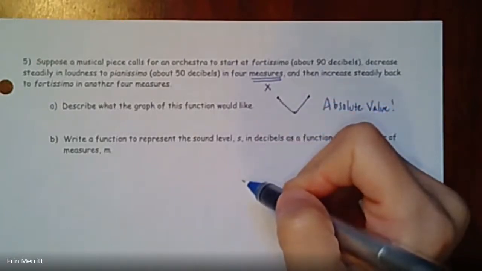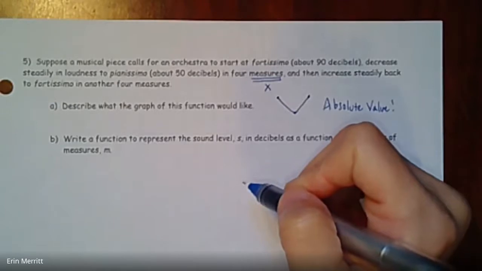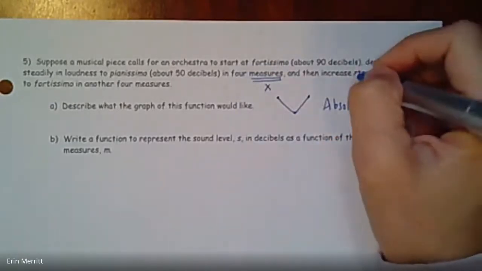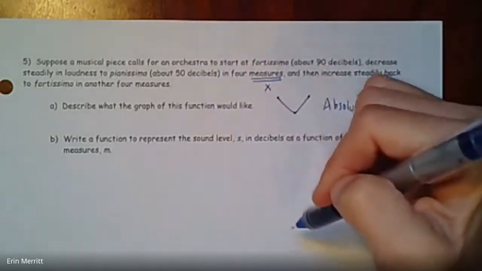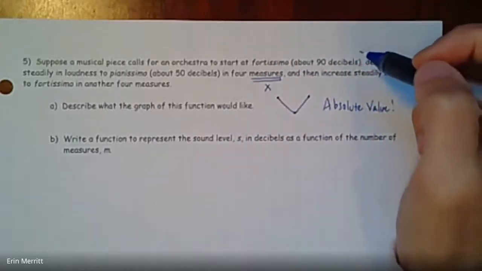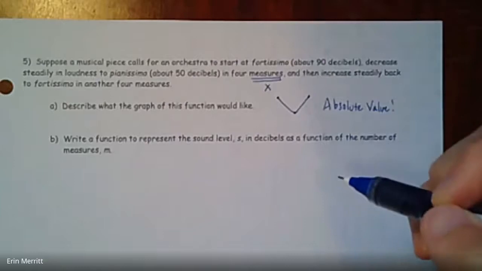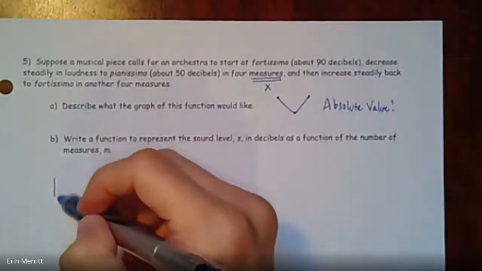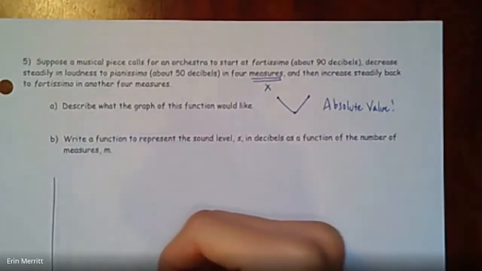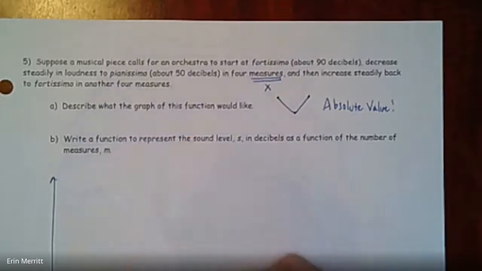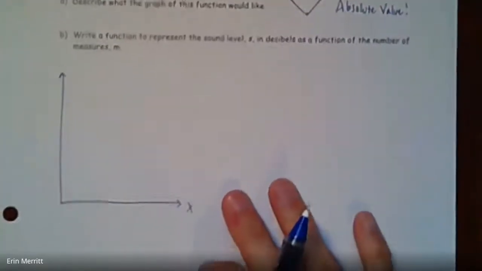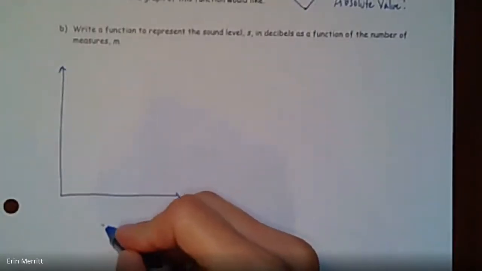So the measures, that's your time, essentially. Time's always your x value, your independent variable, right? The loudness is going to depend on how much time has passed. So the loudness, or the sound, I should call it, is going to be our y variable, all right? So when we set this up over here, x, that is going to be our number of measures.